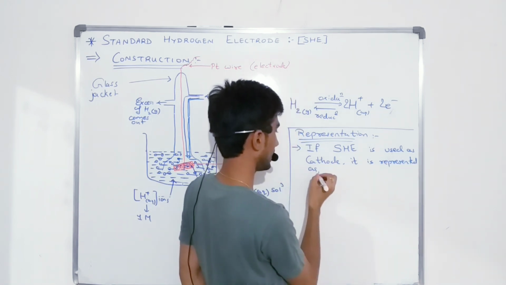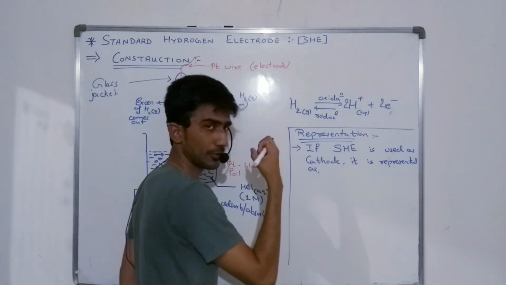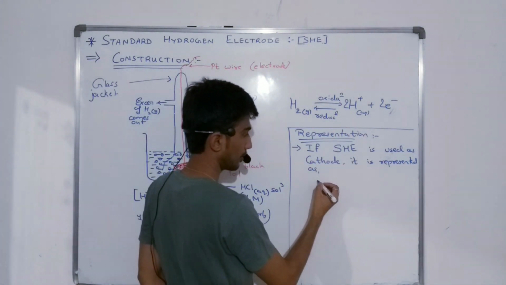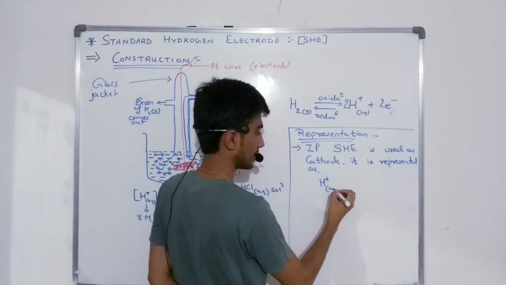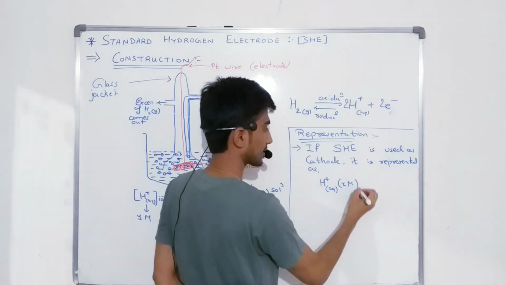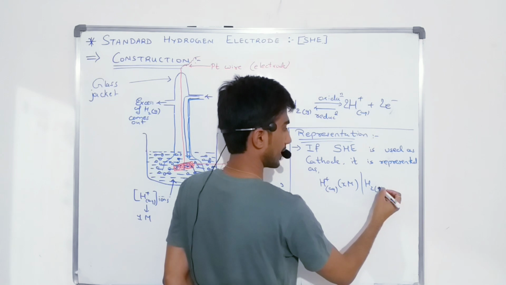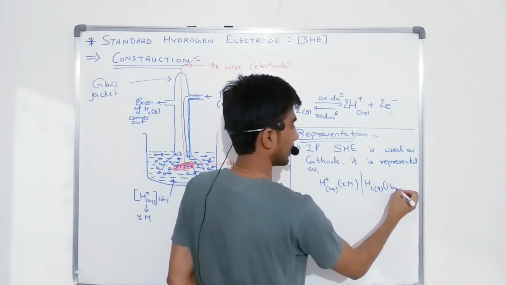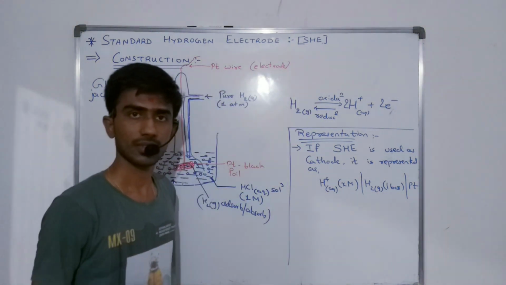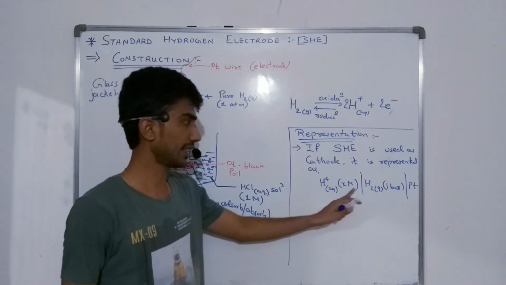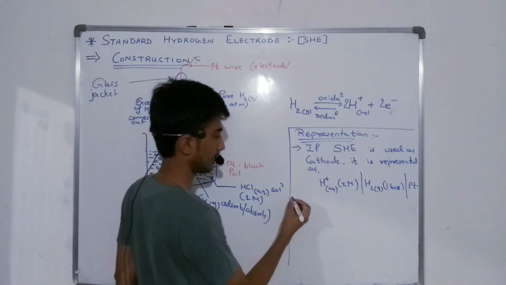It is represented as: at cathode reduction will occur. So H plus aqueous, suppose it is X molar, hydrogen gas 1 bar or 1 atm, and platinum. H plus ions to hydrogen gas, and it is occurring on platinum.